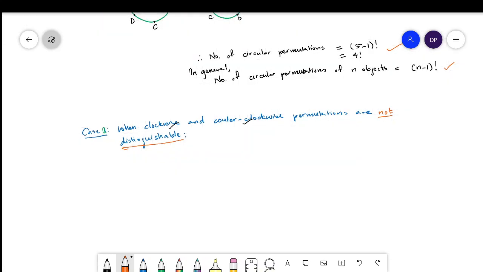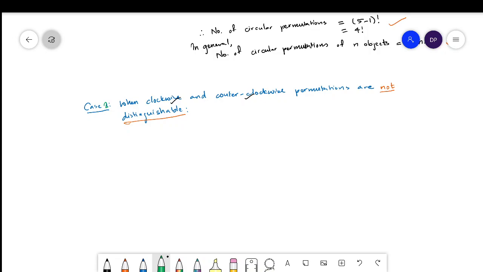If we have to form a garland out of flowers, say a garland made out of roses, here we have the roses. I'll give the names E, M, N, O, P.